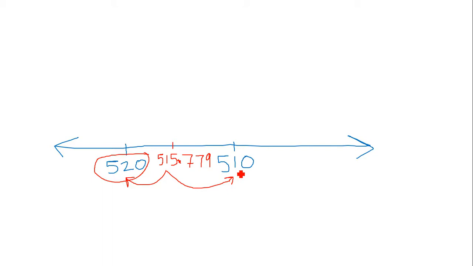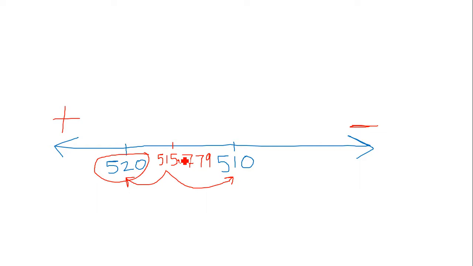I drew the number line backwards, but the idea is that 515.779 is closer to 520 than to 510. So therefore you can't put 52.